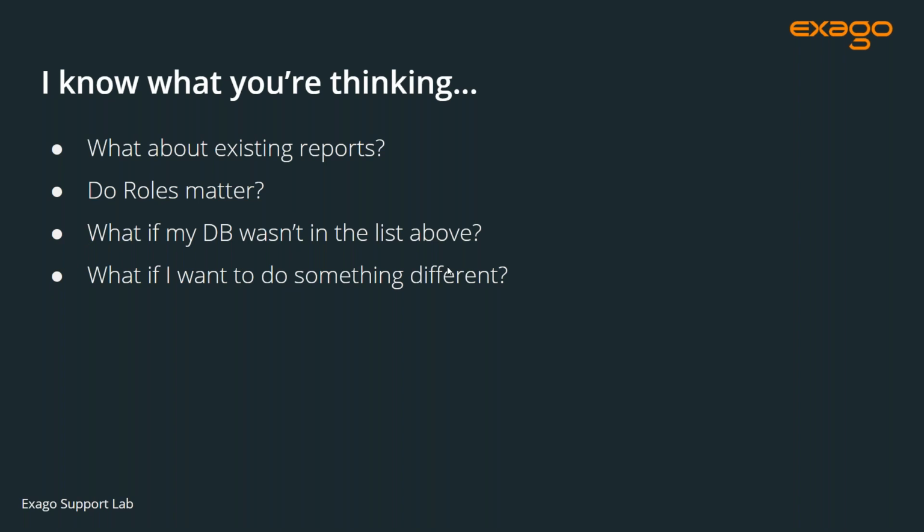The other 2 questions sort of fall into the same category. What if my database wasn't listed above? Or what if I want to do something different? I had a very customized version of folder management, or I want to continue using the file system, or I have my own way of doing permissioning on who has access to which reports that I want to apply instead. And that's where our last lab in this series, next Thursday, is going to come into play. We're going to talk about how to customize, how to use a different DLL in the settings I showed in the admin console.